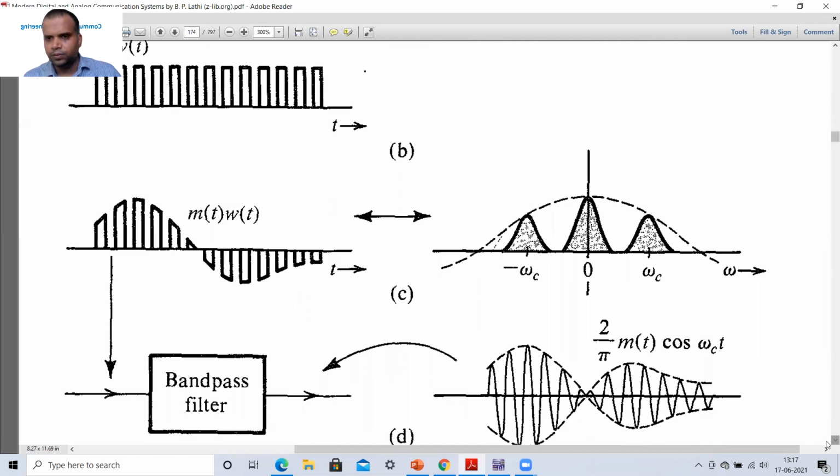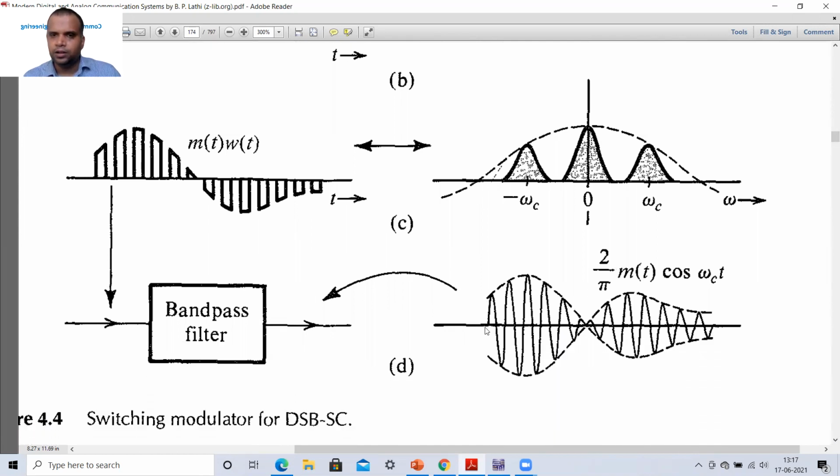So I hope now it must be visible. There is a carrier, and based on the amplitude of the message signal, the carrier amplitude is also decided. It is varying accordingly. And here you can see that when this message signal is changing its phase, there is a 180 degree phase variation of the carrier also taking place.